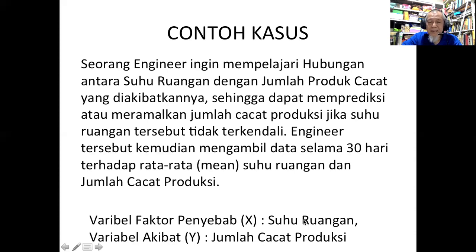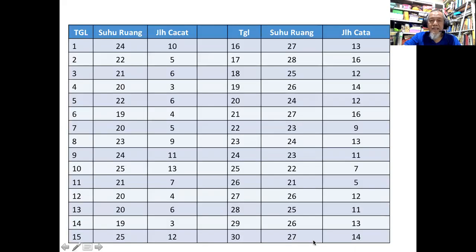The room temperature is the independent variable, and the predicted or dependent variable is the number of defective products. Okay, let's see the result of the observation.